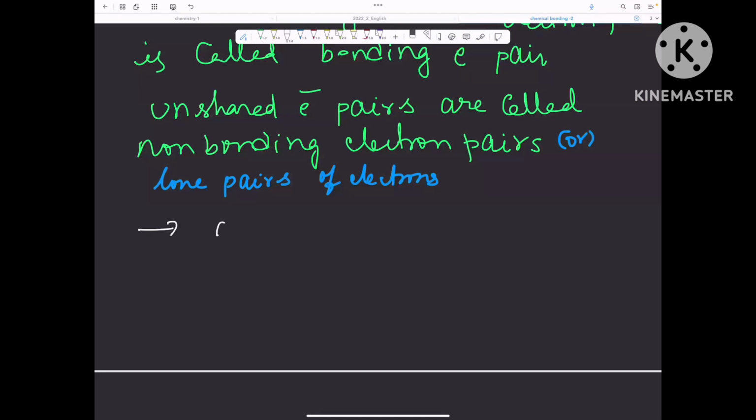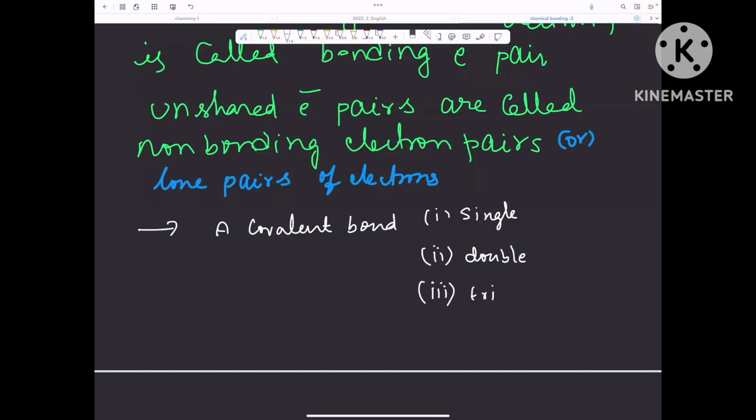A covalent bond can be a single covalent bond, a double covalent bond, or a triple covalent bond.